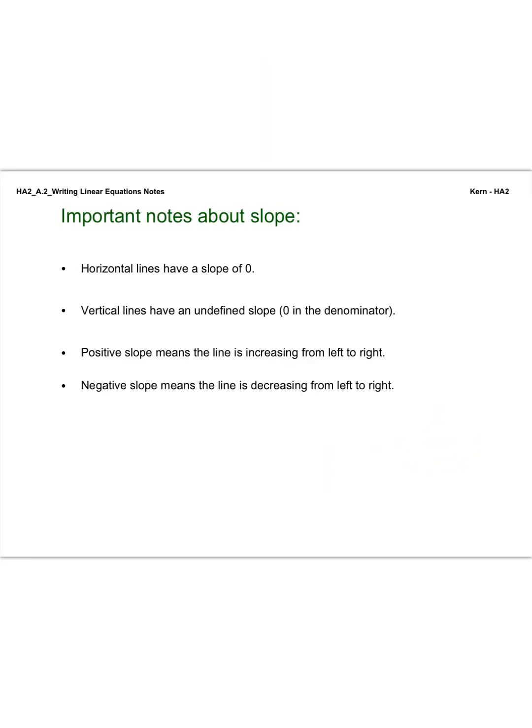A couple important notes about slope. Horizontal lines, that's what a horizontal line looks like, have a slope of 0. Vertical lines have a slope that is undefined. So this is the word you would use to describe the slope of a vertical line, and that's because you have a rise, but you have no run.